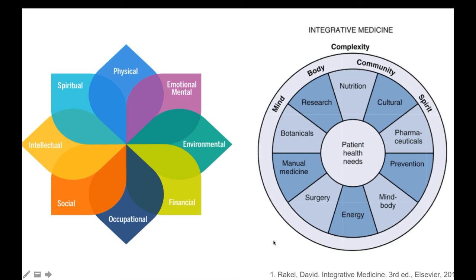So this next slide is really just a pictographical representation of the multiple modalities or areas of focus in integrative medicine. And I can't emphasize enough how important it is to understand not just the physical disease that the patient is complaining of, but also what emotional factors in their life can be exacerbating the disease, or what spiritual or intellectual or social, even environmental factors are coming into play.